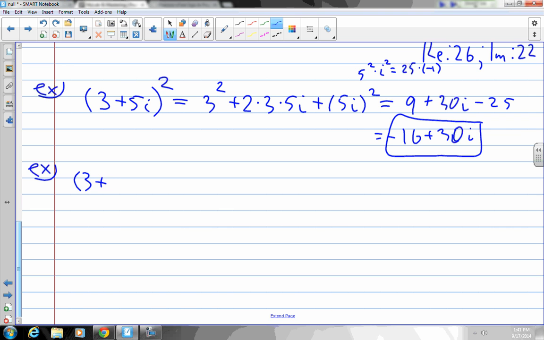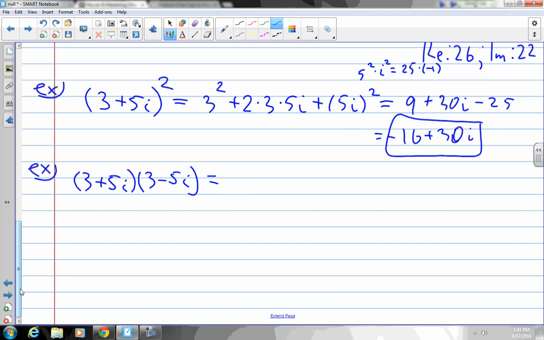What if I take 3 plus 5i and I'll multiply it by 3 minus 5i? What should I do here? Well, eventually, yeah, because you can use the difference of squares formula instead of FOILing.